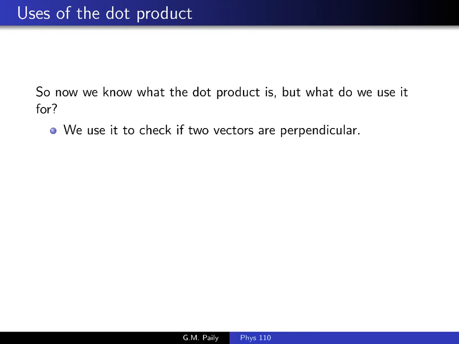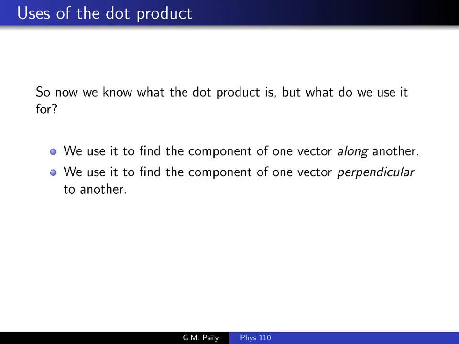We can use it to check if two vectors are perpendicular. If their dot product is 0, then they are perpendicular. We can use it to find the projection of one vector onto another vector. And having found that, we can also use it to find the component of the vector that is perpendicular to another vector.